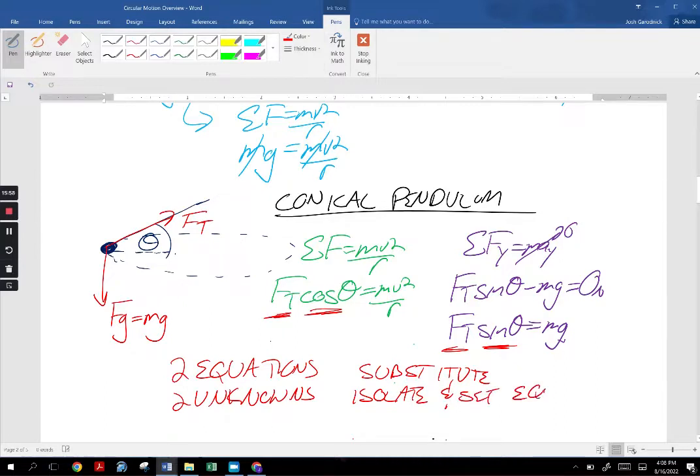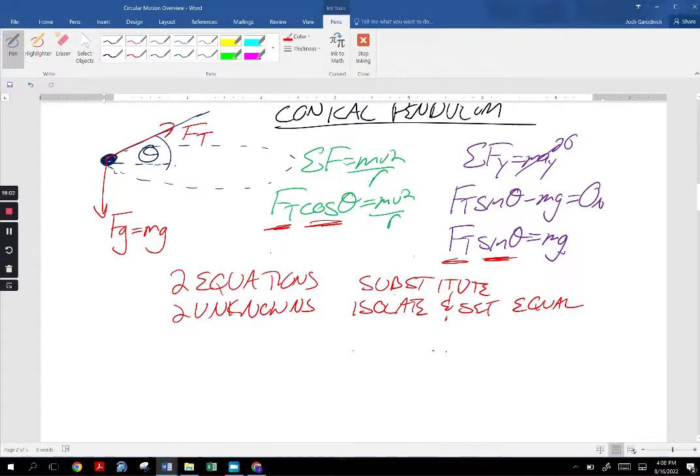And if you don't know the angle or the tension, odds are you are going to end up with sine over cosine at some point, which will become tangent. We've done this in class. I'm not going to review it here, but use the notes from class if you'd like to.